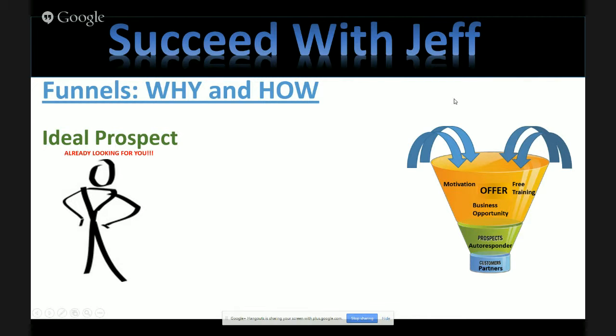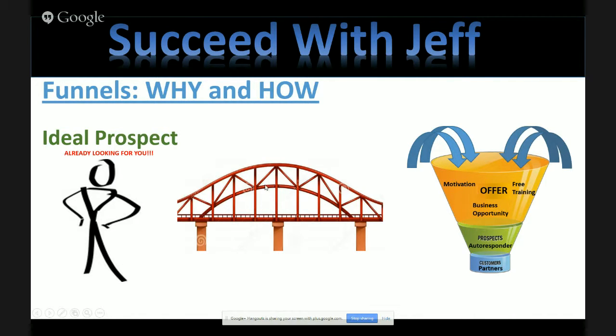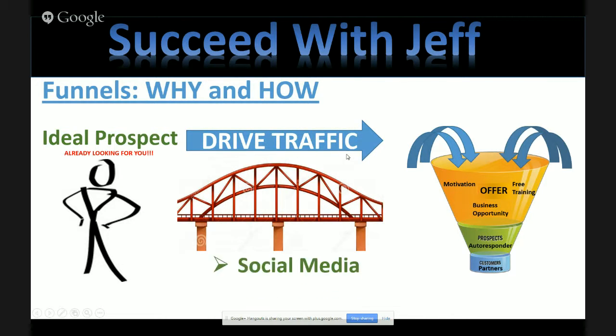So we have the ideal prospect, we have the funnel. Now, what do we do in this space? We try and bridge. We try and get the prospect to the funnel, and we do that by driving traffic. And there's a few ways that I focus on doing that. One is through social media, one is through paid ads, and one is through content.